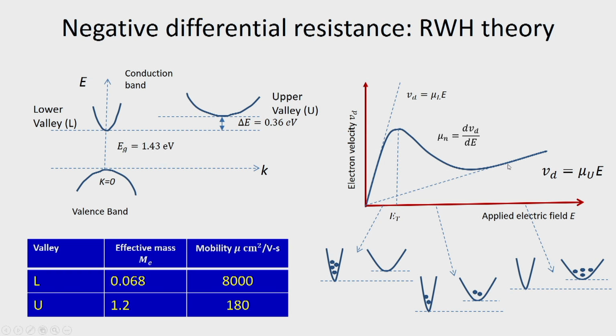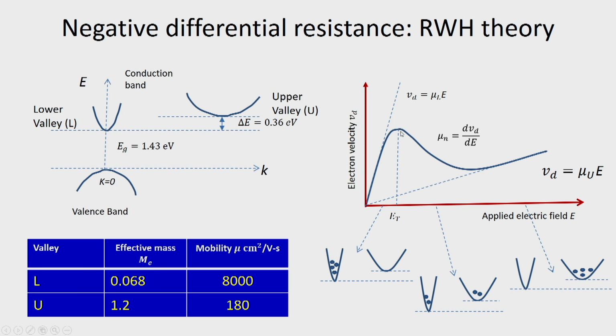Here once again, beyond certain applied field, when all the electrons have migrated to the upper valley, we once again get the drift velocity increasing linearly with the applied field, but this time the rate of increase is much lower because the mobility of the electrons has much lower value in this upper valley.